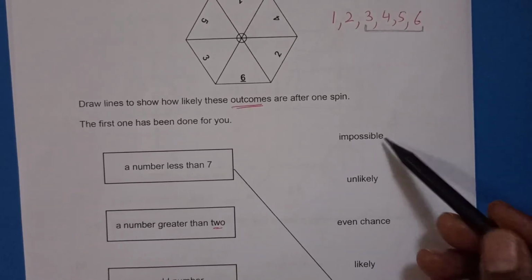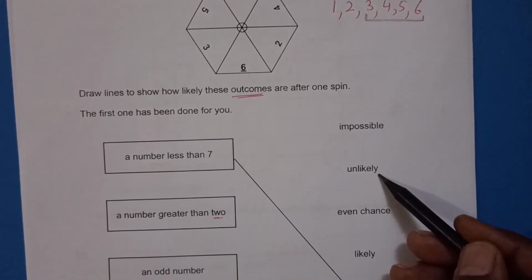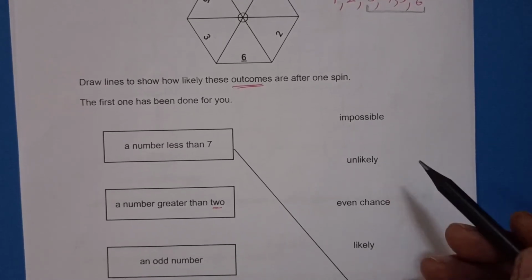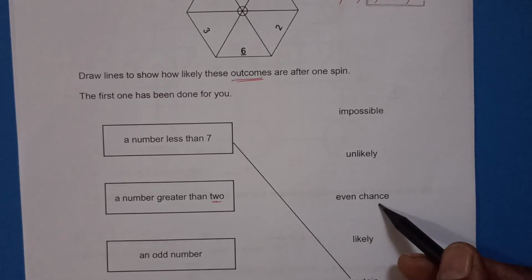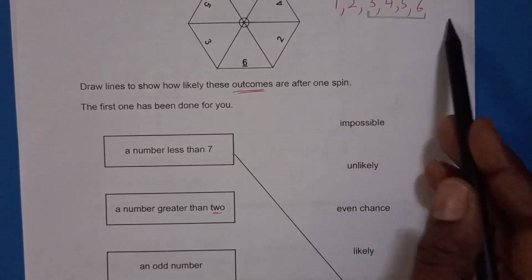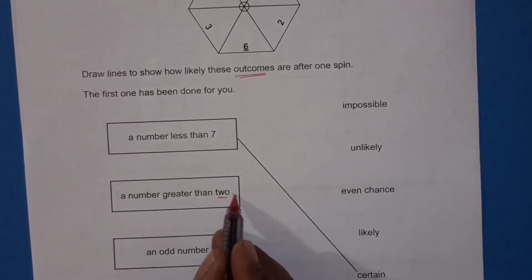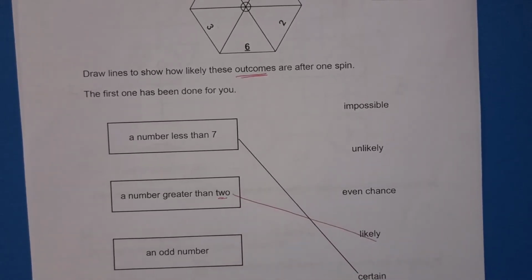Impossible, no. Unlikely, no, because it is more likely. Even chances, no. For even chances we need to have the same. So it is more likely, so it will be joined to likely.